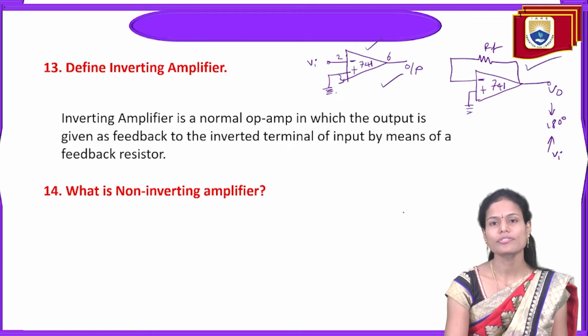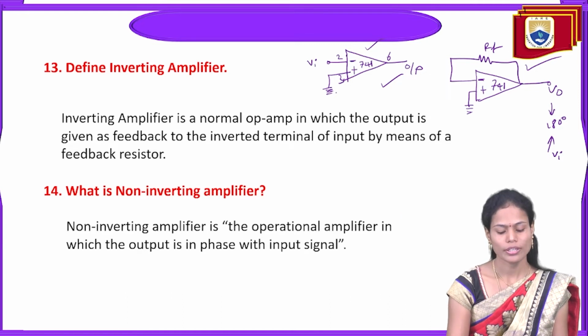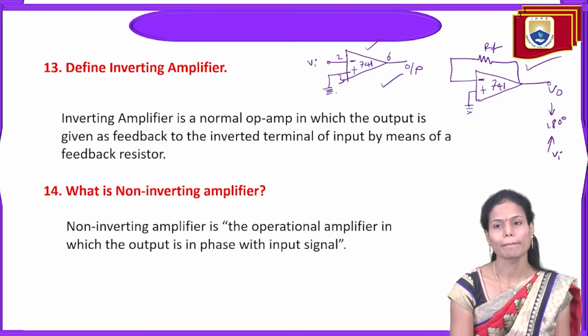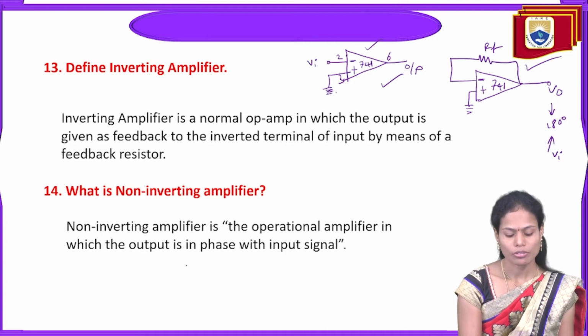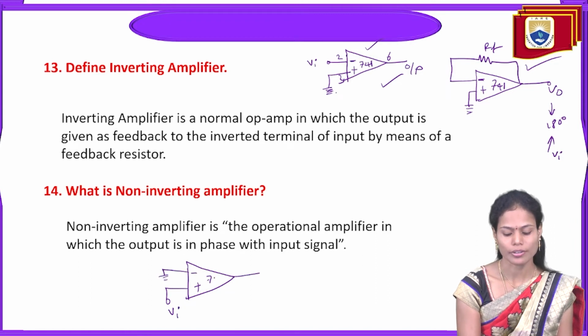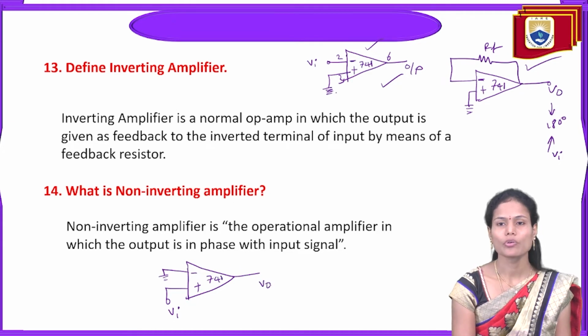And next, what is non-inverting amplifier? In the case of non-inverting amplifier, the output is in phase with the applied input signal. Why? Because in the case of non-inverting amplifier, we provide the input signal to the non-inverting terminal and the inverting terminal must be grounded. Because of this, the output voltage is in phase with the input voltage.